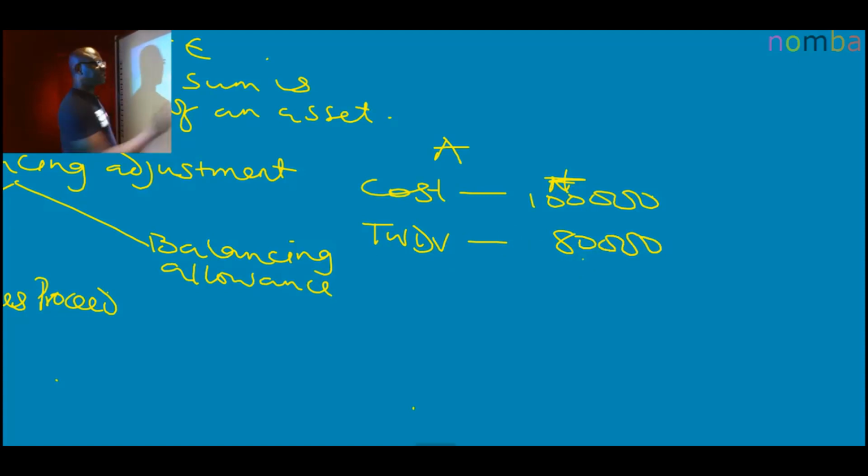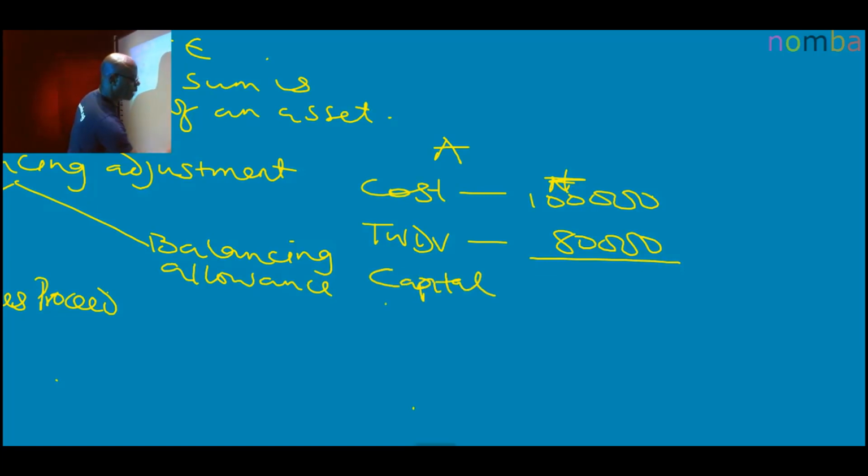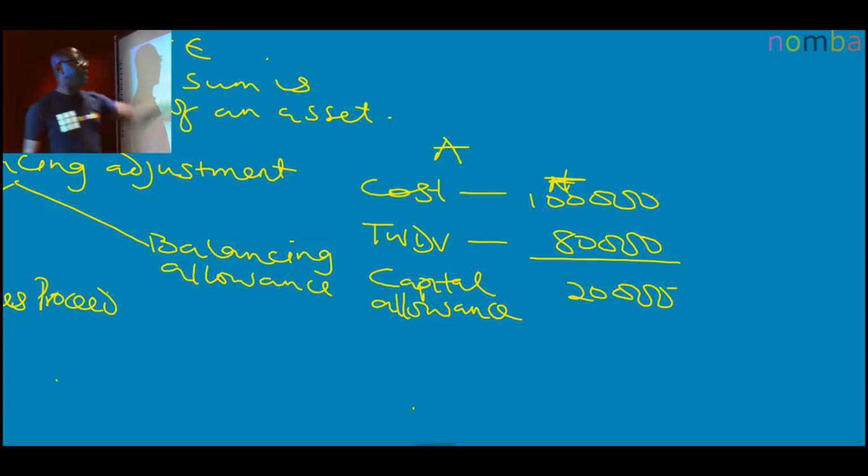It therefore means this asset has enjoyed a capital allowance. Capital allowance of how much? Of 20,000. What do I mean by 20,000? Because it has reduced in balance by 20,000 before it comes up to 80,000. So if you want to know the capital allowance it has enjoyed, just walk back. It gives you 20,000. Okay?